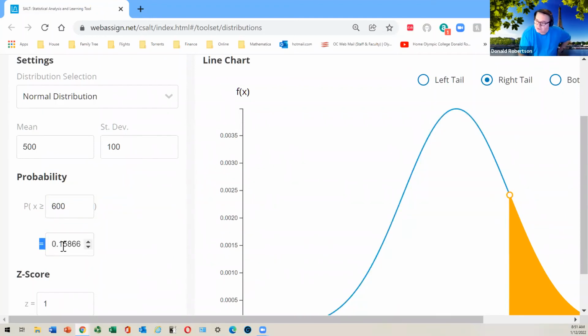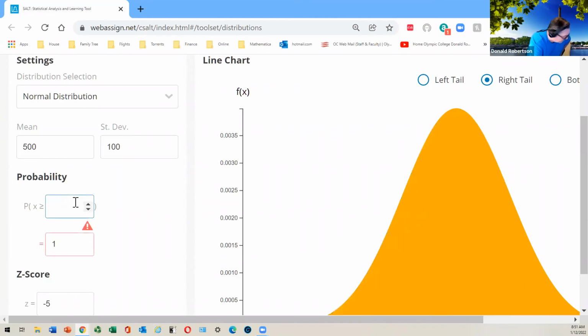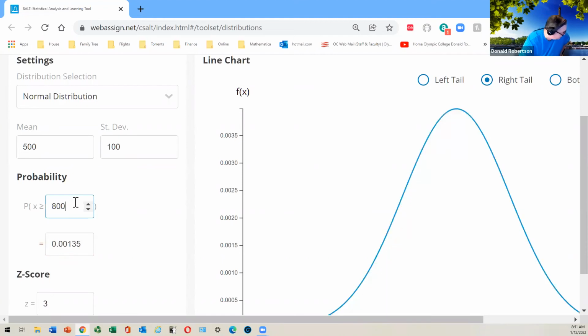That's about 15, 16% of people. How about bigger than 800? Can you see that's almost nobody? 0.0013 is about 0.1%, right? 1 in 1,000 people would have that kind of score in this particular story.